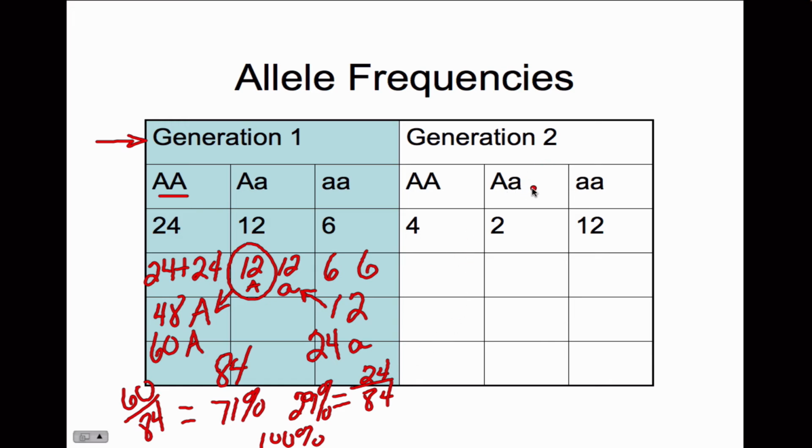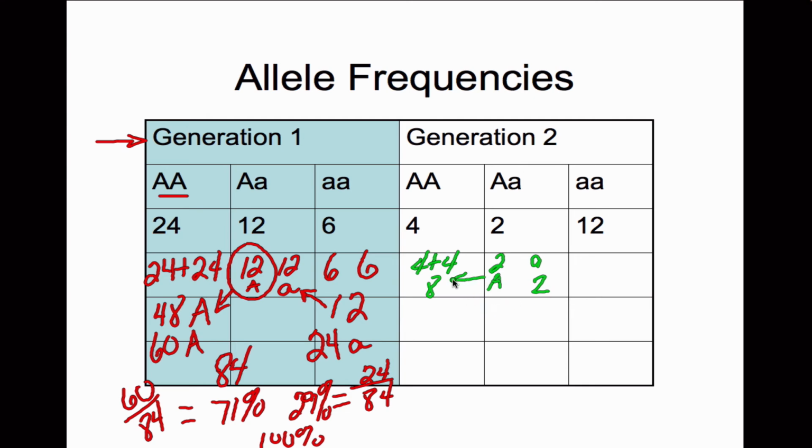Now let's look at generation 2. Okay, generation 2, we can see a bit of a change right here, but let's go ahead and see what our percentages are now. We're going to have 4 plus 4 for the dominant, so we have 8 dominant alleles there. Here we're going to have 2 of the dominant allele, and we're going to have 2 of the recessive allele.